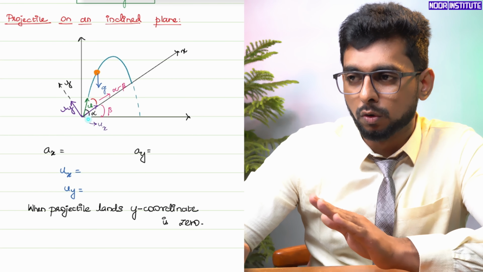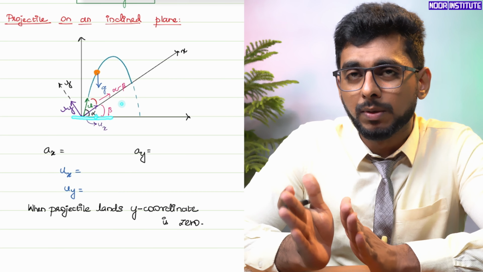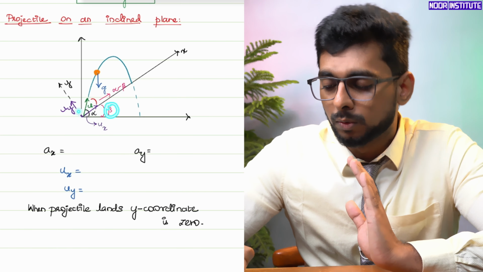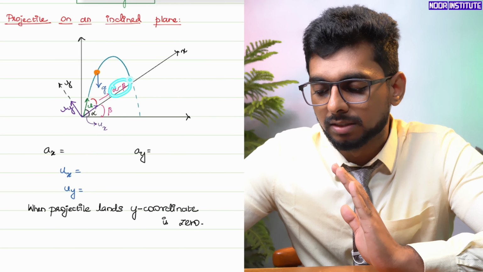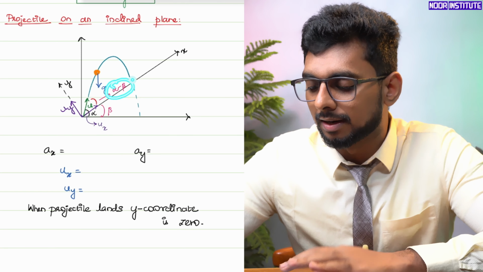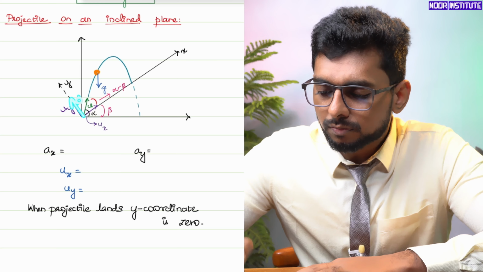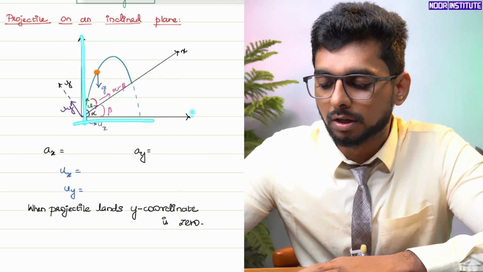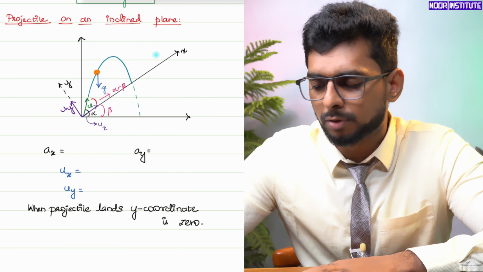The angle of throw with respect to the ground is alpha, the angle between the inclined plane and the ground is beta, and the throw with respect to the inclined plane that I've chosen is alpha minus beta. So the velocity along the y will be at a certain inclination with respect to the vertical with respect to the ground. These are the things you need to know regarding this projectile problem.